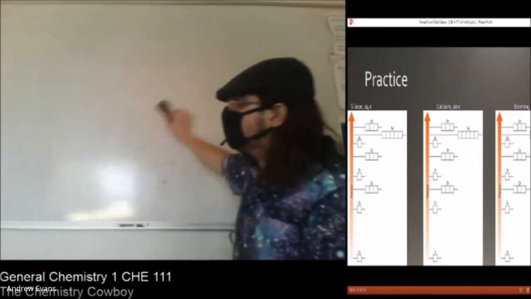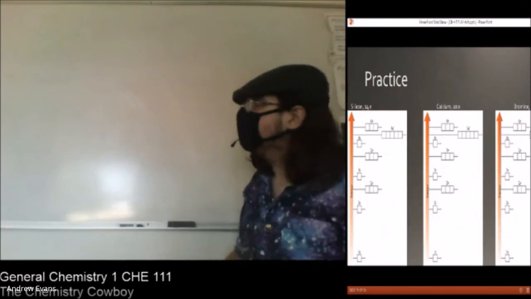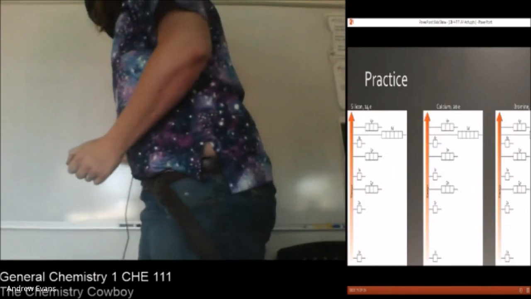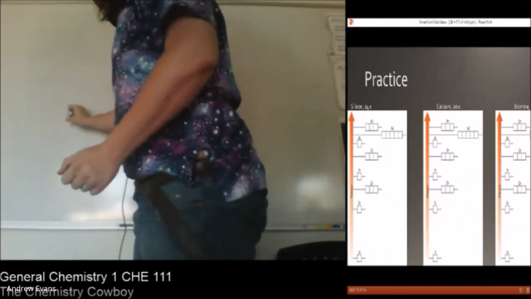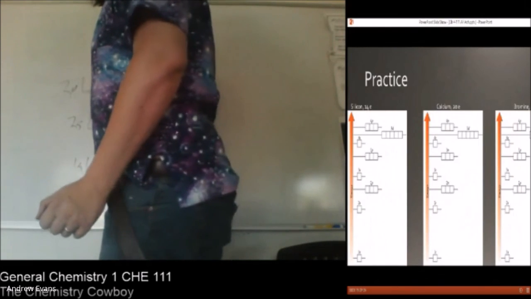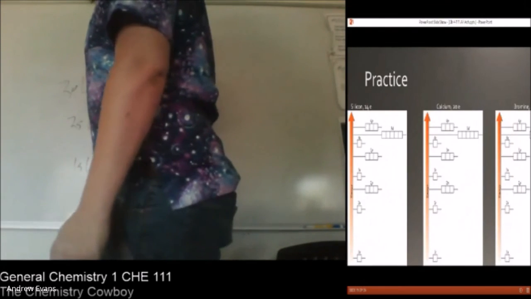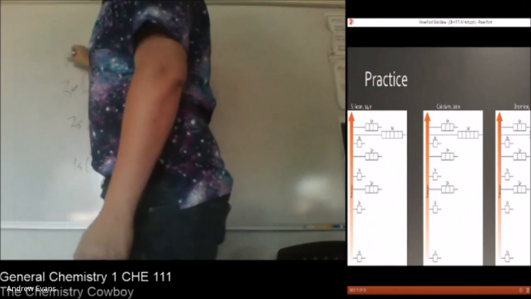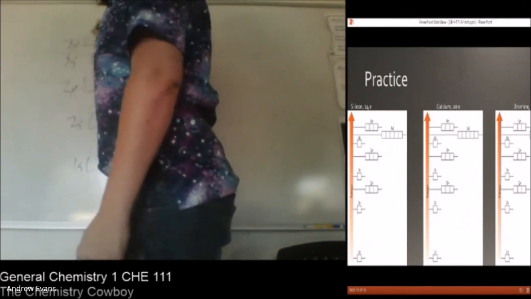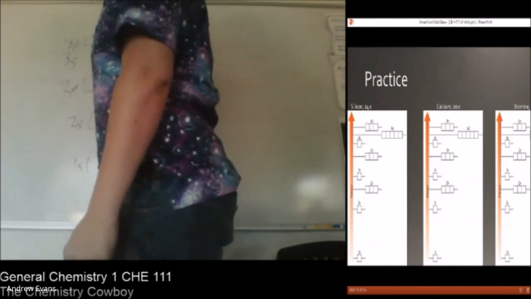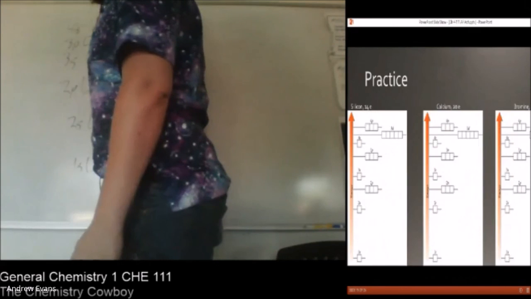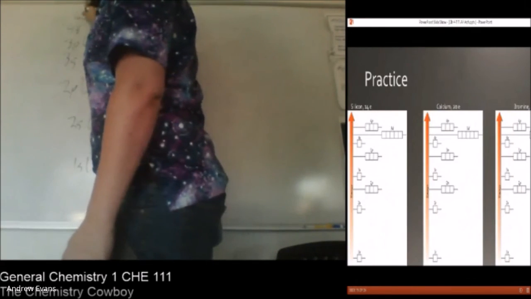But the general gist of this is that silicon has 14 electrons. 1s, 2s, 2p, 3s, 3p, let's see, 4s, running out of room, 3d.